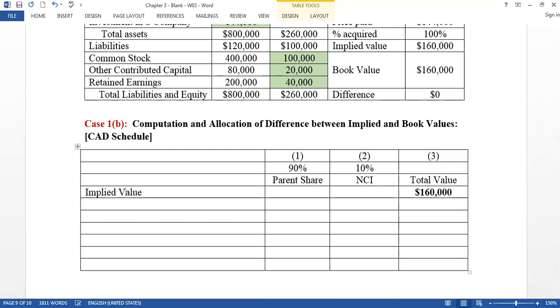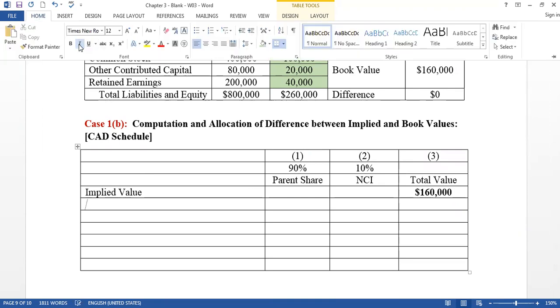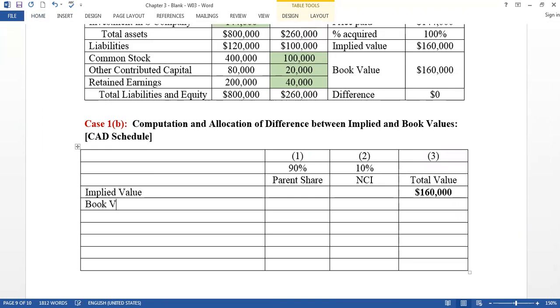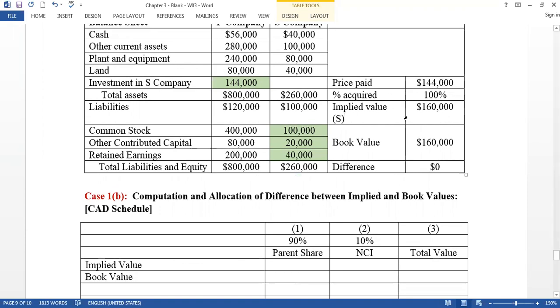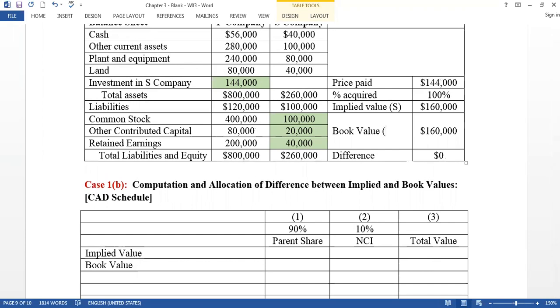We know what the implied value is, and we know what the book value is. So this is the implied value of the subsidiary, the implied value of S. And this is the book value of S, the subsidiary company.